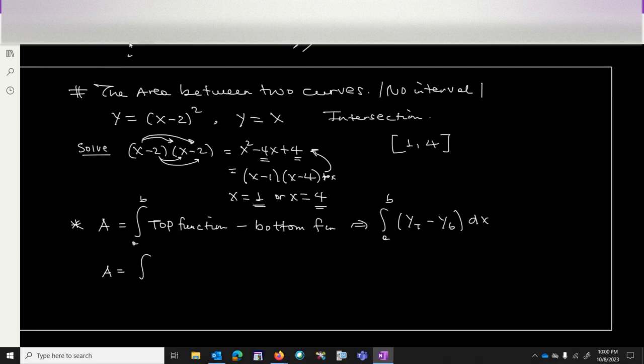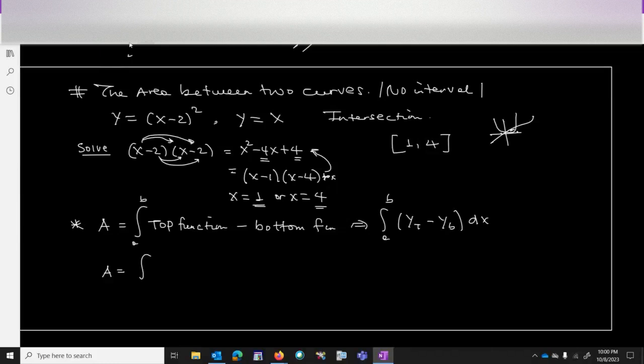So y is equal to x is simply a straight line graph. And x squared minus 4x plus 4 is going to be quadratic. So that's between 1 and 4. This is 1 and 4 is here. Something like this, it's quadratic.